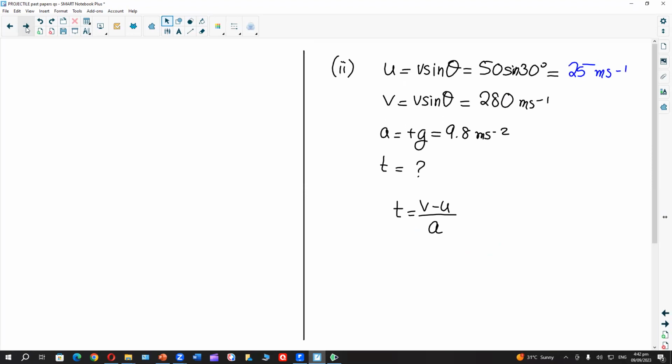So I make the database for time. I have the initial velocity vertical component, final velocity vertical component, formula for A and T. Now the data is in front of you, people. You have to solve it.